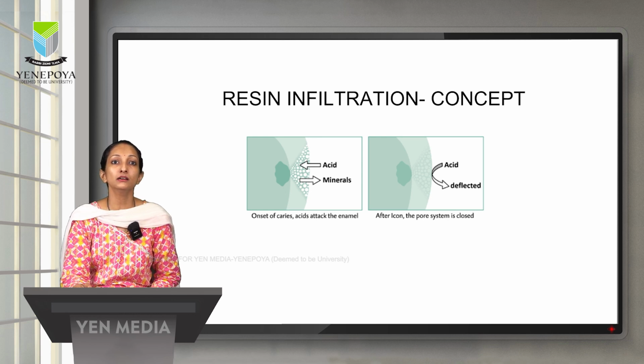So, as a result, the calcium and phosphate and other minerals tend to move out of the tooth, resulting in porosities. So, this is the onset of caries or the initial caries, as we say. Now, what does resin infiltration do? After Icon, the pore system is closed. The pores that were present on the outer surface are completely closed. As a result, the acid gets deflected.